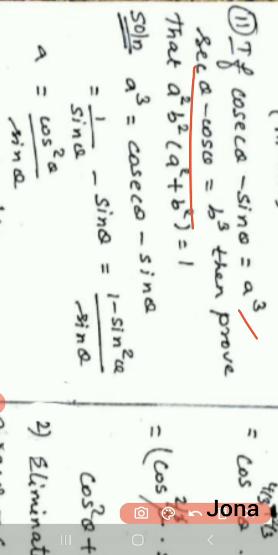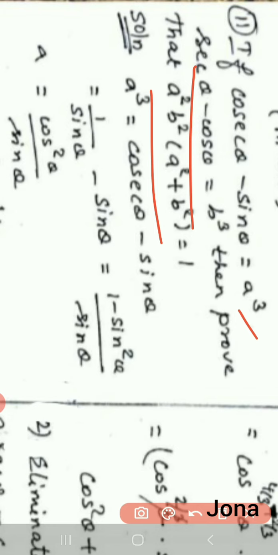11th sum. If cosecant theta minus sin theta equal to a cube, secant theta minus cos theta equal to b cube, then prove that a square b square into (a square plus b square) equal to 1.